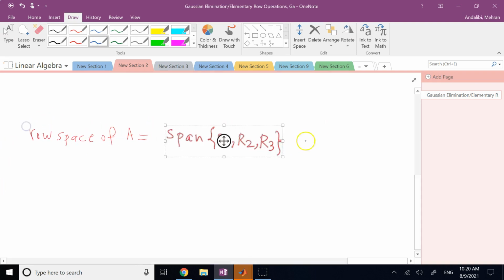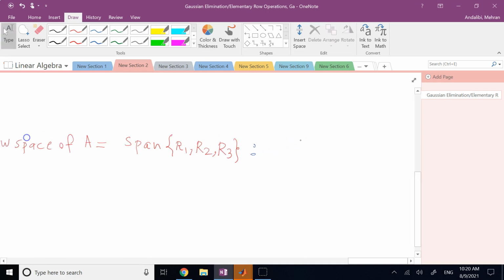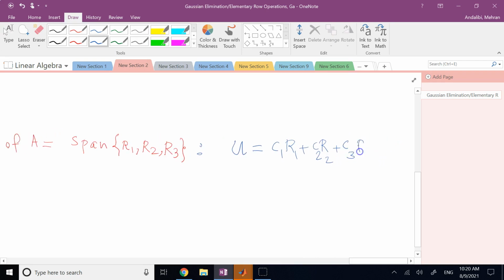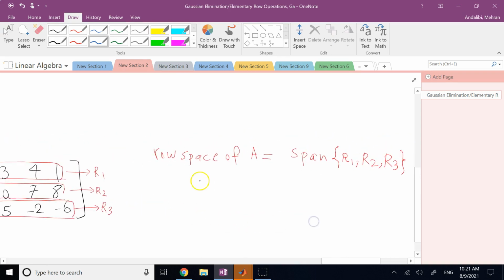So any vector u that can be written as C1R1 plus C2R2 plus C3R3. The space of vectors u, which is any possible linear combination of these three rows, is called the row space of A.